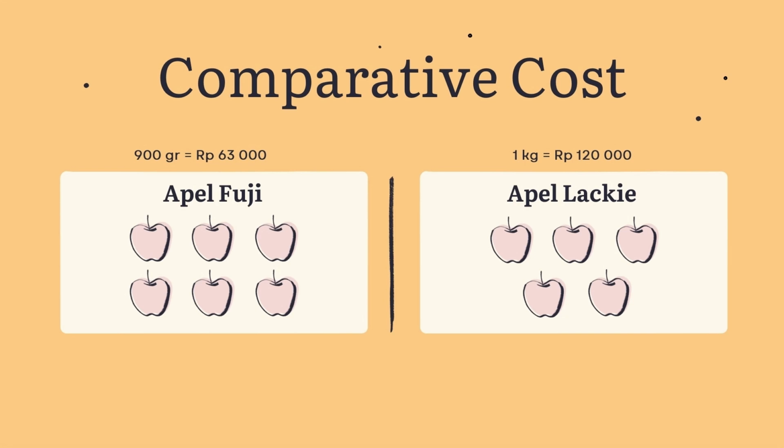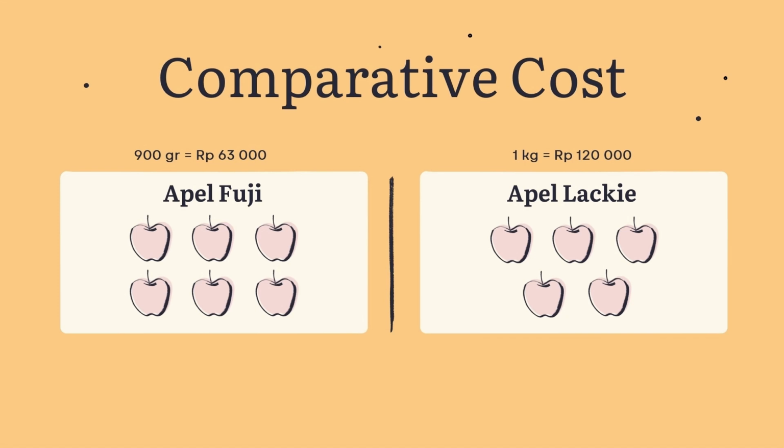Well, at the moment we can't really compare them because the sizes and costs are both different. So it's hard to see which one's more expensive. To make them comparable though, we need to make either the cost or the size the same. In this case, the easiest way to do that would be to find out how much each apple costs per gram.